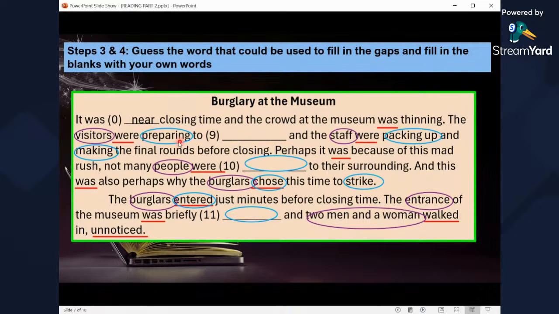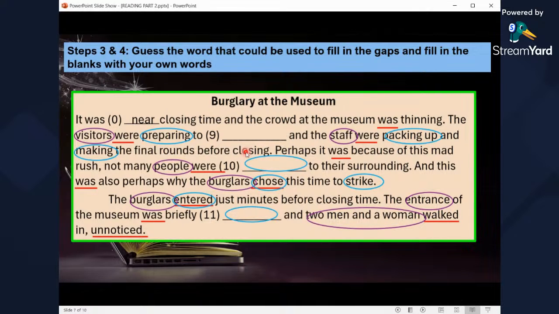The crowd, visitors were preparing to, and the staff were packing up. The staff is already packing up because they also want to go home, right? And making the final rounds before closing. Making the final rounds means they are walking around, making the final round, walking around to make sure everyone is supposed to be where they are supposed to be before they close.